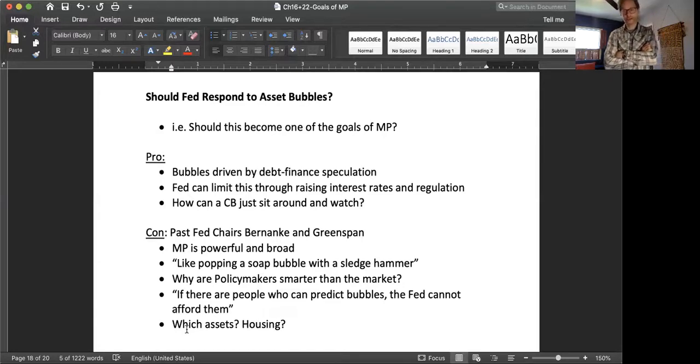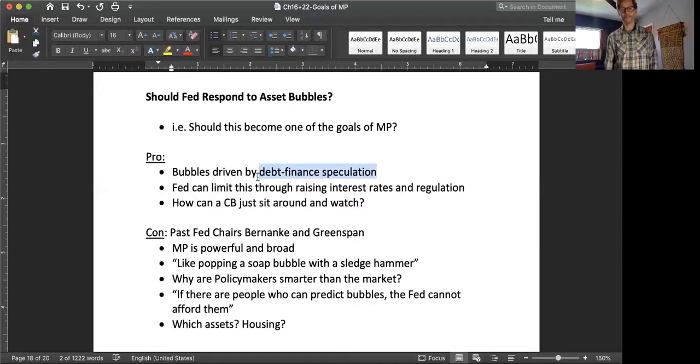Many economists have argued, yes, that the Fed should spend a lot of time thinking about asset bubbles and stock market bubbles, and actually think about them much more than they have in the past. The argument for the Fed thinking about these is that bubbles are driven by debt finance speculation.